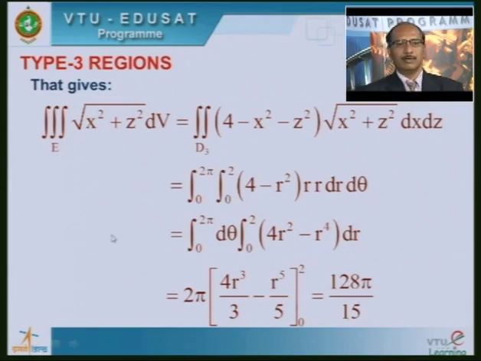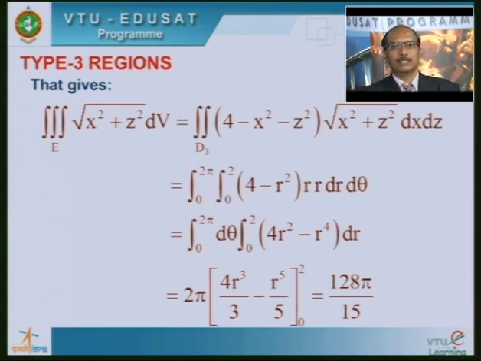So, the example shows how we started evaluating: first we took the projection on the xy plane, and that D region in the xy plane may be difficult to evaluate. So, instead of that we took the same problem from another angle, the projection on the zx plane, and we get a circular region. Even evaluating through Cartesian limits may be a little difficult.